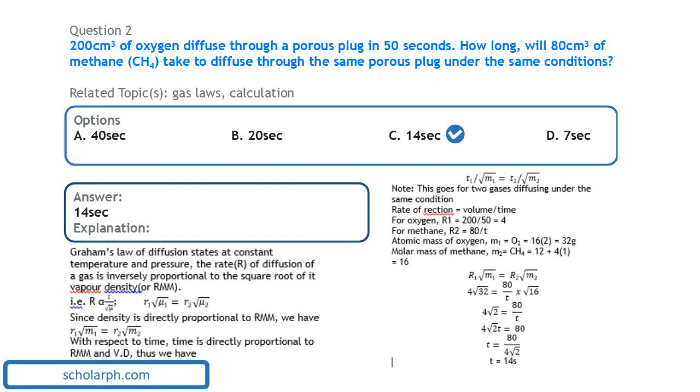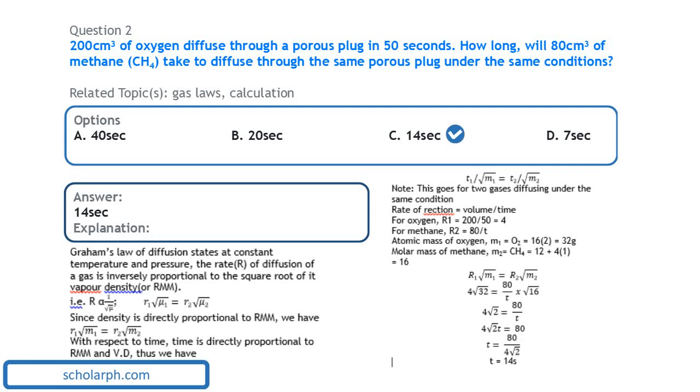condition, then the rate of diffusion of those gases is inversely proportional to the square root of their vapor density. If we turn this into an equation, we are going to have R is equal to K over root mu, where mu is the symbol we are using to represent vapor density. Then this will become R1 root mu 1 equals R2 root mu 2.